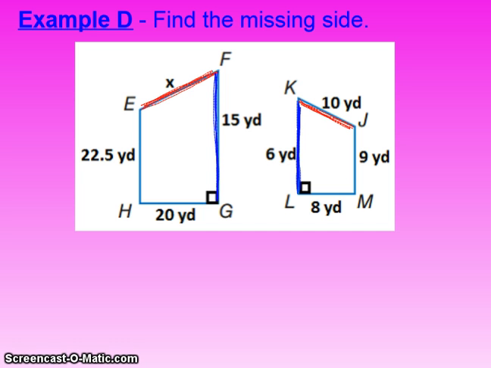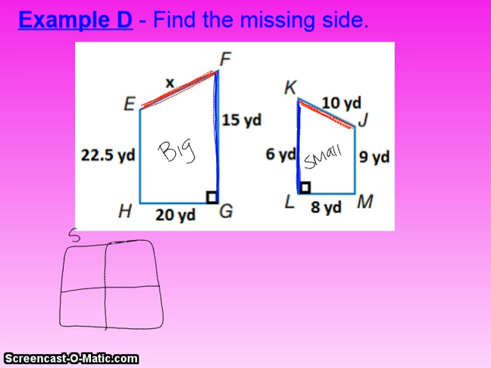Alright, so let's go ahead and label. We have our big and we have our small. Then I want to create a box. I want to label my box small and big. And what I also want to do is I want to create the other labels with my colors that I use. So I want to use red and I want to use blue because those are the two colors that I used.